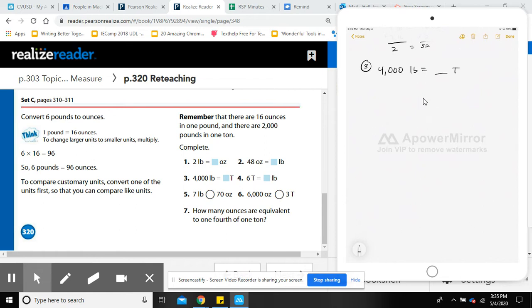Okay, so this is where we're going from smaller to larger, and just like in set B, we can divide. There are 2,000 pounds in 1 ton. So if we divide this by 2,000 pounds, and remember, if this looks funny, we have to get used to it because that's how they do it a lot in 6th grade. It's the same thing as this.